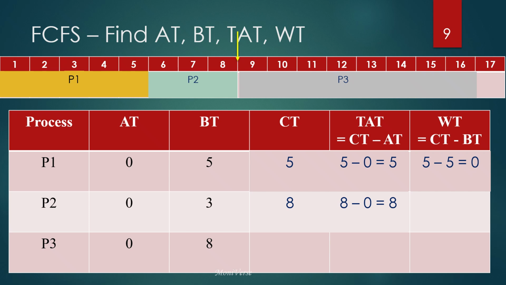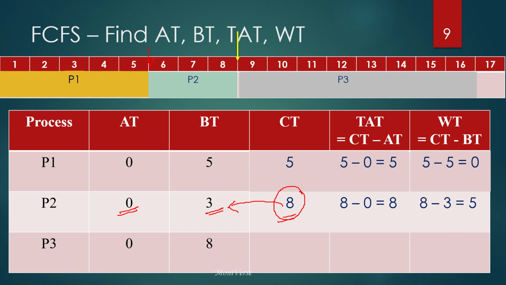And waiting time: even though it entered at the 0th second, it started executing only after the 5th unit of time. The formula is the completion time minus the burst time. Completion time is 8, and it executed for 3 units of time. So we subtract this 3 from 8, and the answer is 5.